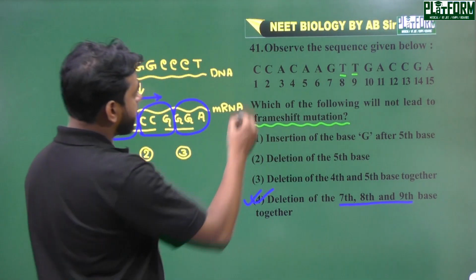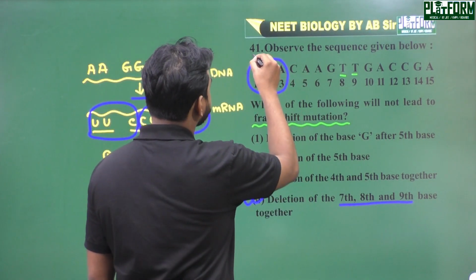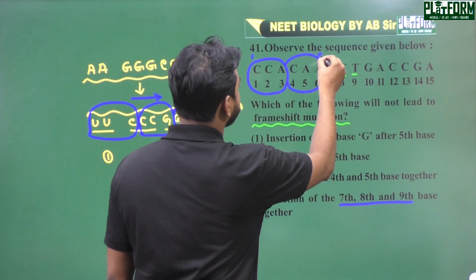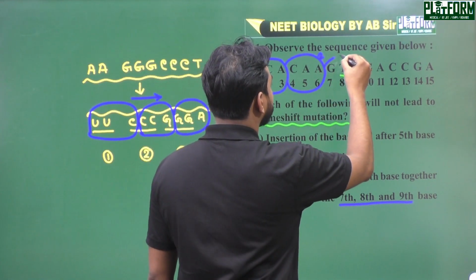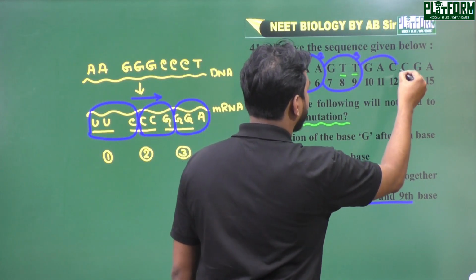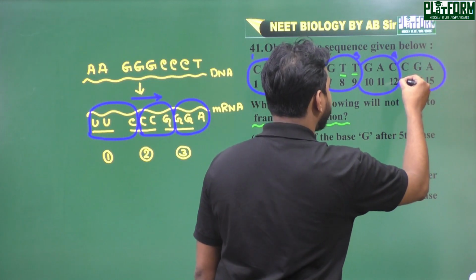Why? Because here this is the first reading frame, this one is the second reading frame, this one is the third reading frame, the fourth reading frame, and the fifth reading frame.